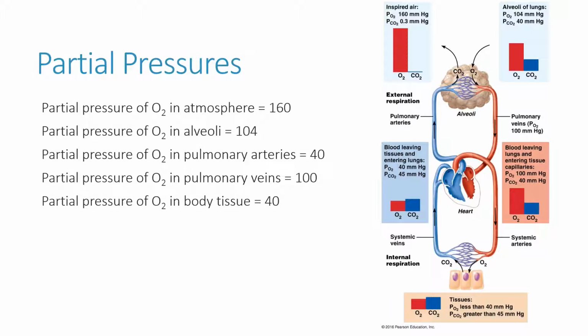As that blood travels by the body tissues, however, body tissues have a much lower partial pressure of oxygen, of around 40. Because the partial pressure of oxygen in the blood is so much higher than that of the body tissue, it favors oxygen rushing out of the blood and into the body tissue. The partial pressures of carbon dioxide are basically the opposite of what we see here.